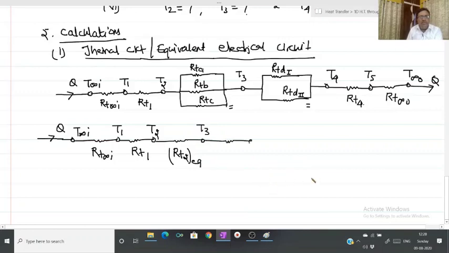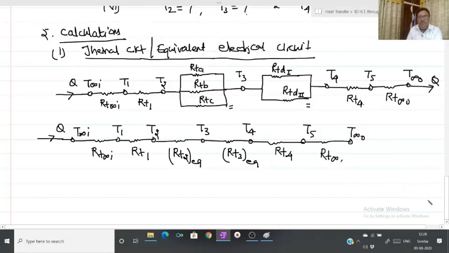Similarly, the equivalent thermal resistance of RTD1 and RTD2 is represented by RT3 equivalent between temperatures T3 and T4, and the next thermal resistance will be RT4, and the final thermal resistance will be between T5 and T infinity O, RT infinity O, and Q will come out.